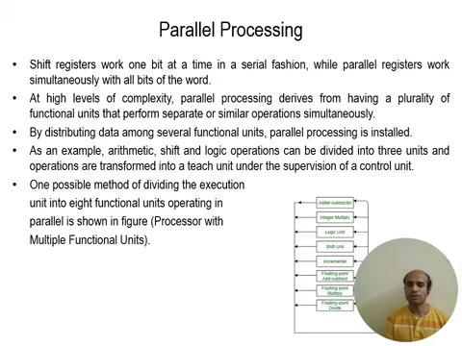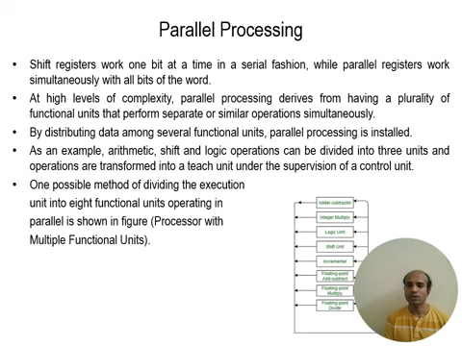So shift registers work one bit at a time in a serial fashion, while parallel registers work simultaneously with all bits of the group. At high levels of complexity, parallel processing derives from having a plurality of functional units that perform separate or similar operations simultaneously.